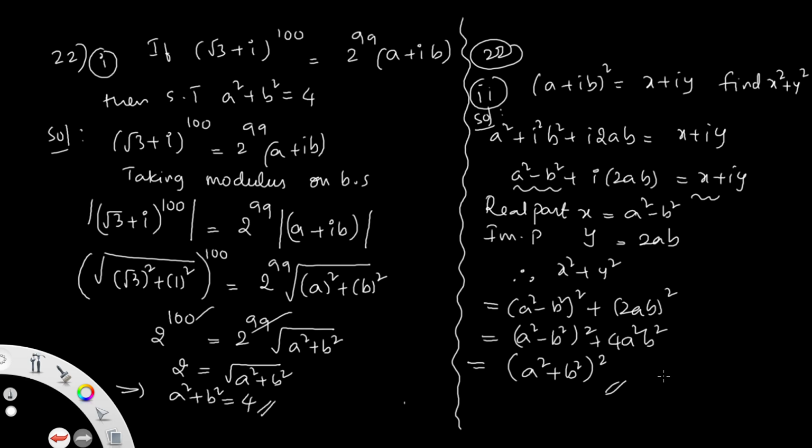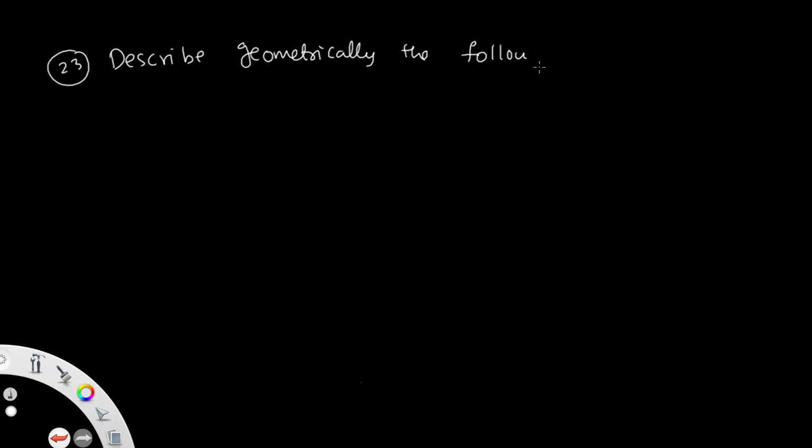It is also a locus problem, similar to the ones solved earlier; locus problems are always explained this way. So on the last page, question number 23: describe geometrically the following subset.